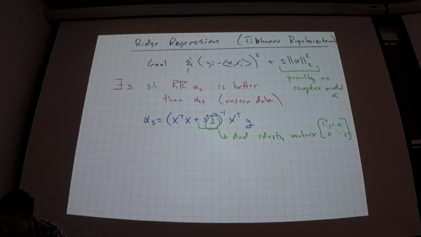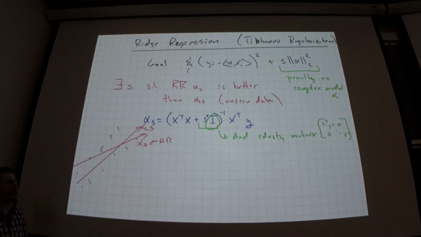Yeah. So let me give you a little bit of intuition why this might be a good idea. I can think of two models through this data. One is alpha least squares, and the other is alpha s from ridge regression.